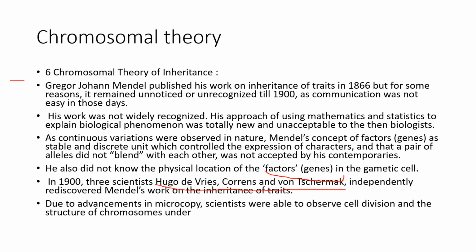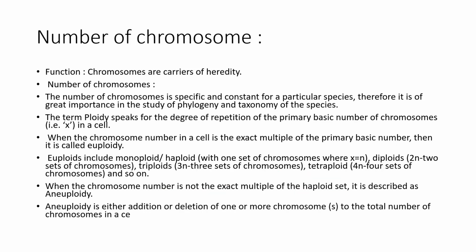Fourth, during gamete formation, homologous chromosomes pair and segregate independently at meiosis, and thus each gamete contains only one chromosome of a pair. Next, during fertilization, the union of a sperm and egg restores the diploid number of chromosomes.